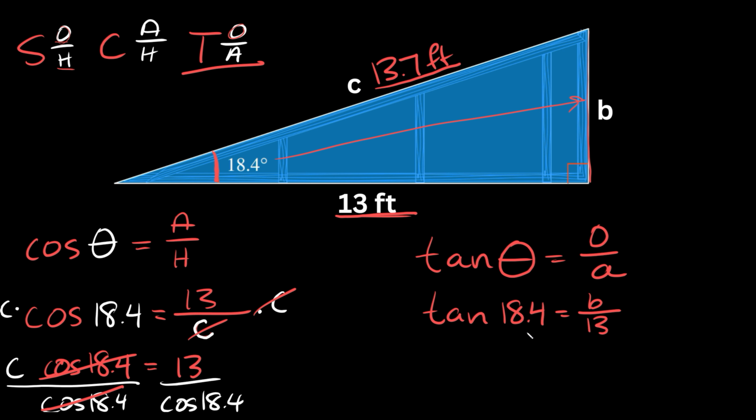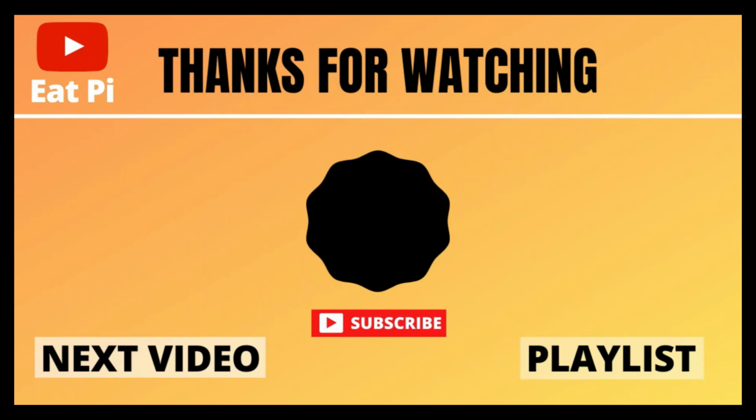All right, so we're just trying to solve for b, this b right here. So the first thing we can do is get rid of this 13 by multiplying both sides by 13. So then on this side, those cancel out, and we're left with b is equal to 13 times the tangent of 18.4. Maybe it'll be helpful to put that in parentheses, all right? So if you multiply this all together, you'll get that this is approximately 4.3 feet.